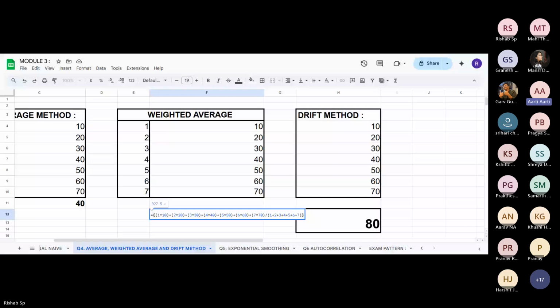Rishabh, I'm not clear about the autocorrelation and autoregression.